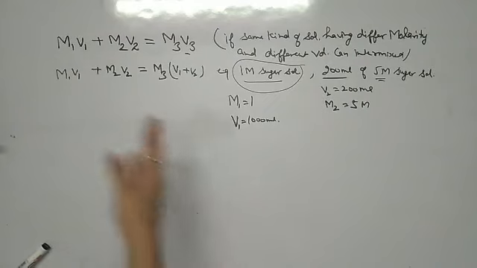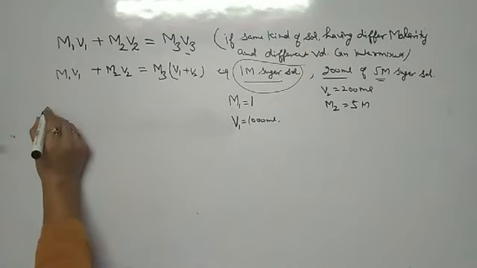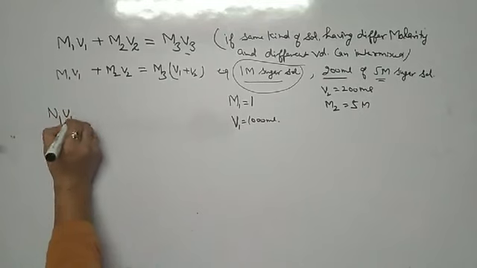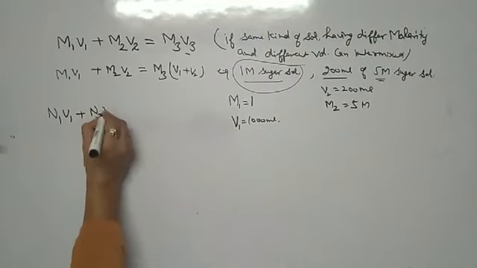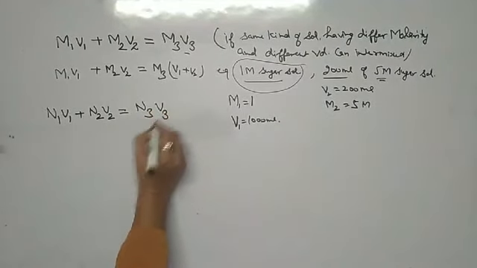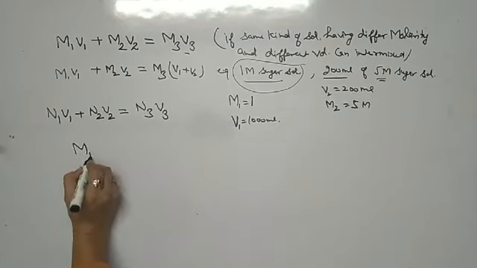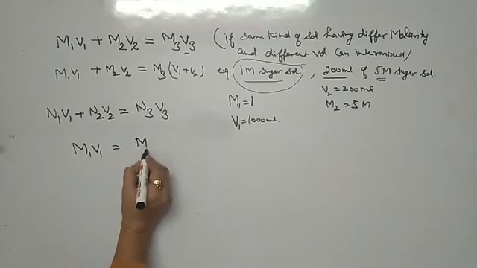The same equation may be applied for normality. Whenever two same-natured solutions are intermixed having different normality, that time we use N1 V1 plus N2 V2 is equal to N3 V3. Same may be applied for normality. If two solutions are different, that time you may use only M1 V1 is equal to M2 V2.